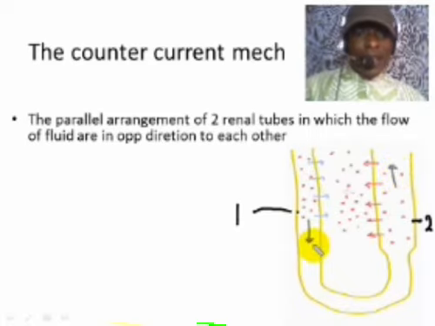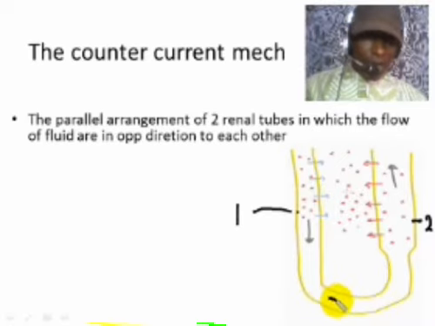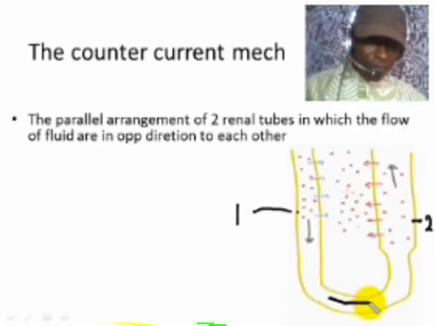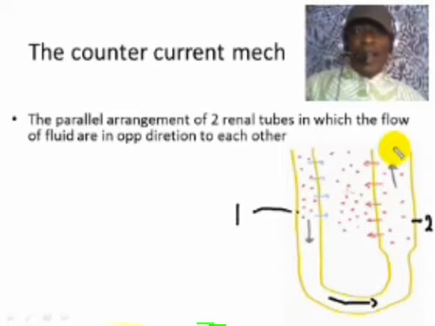You can see that the flow of fluid in the two different tubes are in opposite direction. In the first tube, the flow of fluid is in the downward direction, whereas as soon as the fluid makes a U-turn, remember this fluid is still coming down this way, as soon as it makes a U-turn, it begins to flow upwards. So this is an example of a countercurrent system.